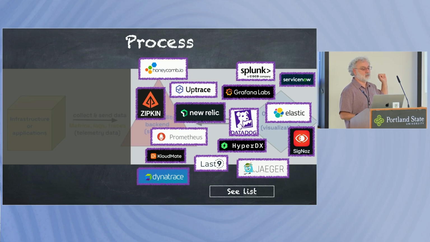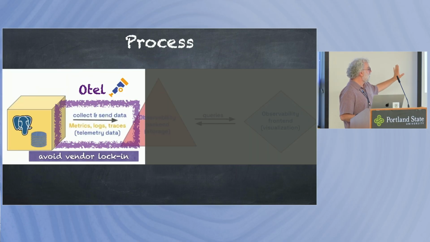And we're not going to look at the right side, because that is the actual storage and then the visualization and query tools for analysis. There are zillions of them. There's at least 40 that are already compatible with OpenTelemetry. And the whole point of OpenTelemetry is that you can choose, mix and match any of those tools you want, and you can switch between them if you want to. You are not locked in. Because the lock-in side is on this side.